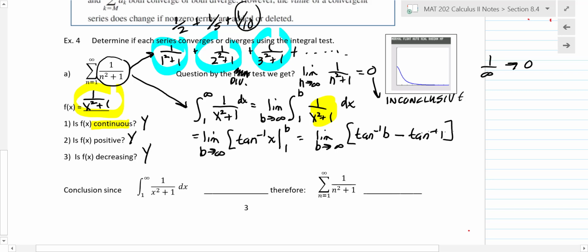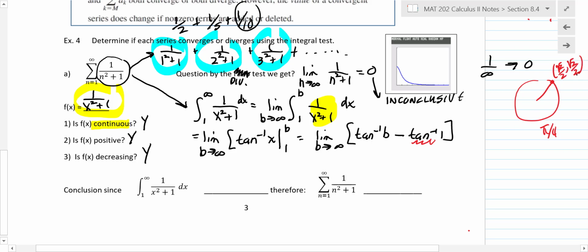Well, hopefully you know this from trigonometry, what's the inverse tangent of 1 in radians? Pi over 4, right? At pi over 4 on a unit circle, you're at the point root 2 over 2, root 2 over 2, right?